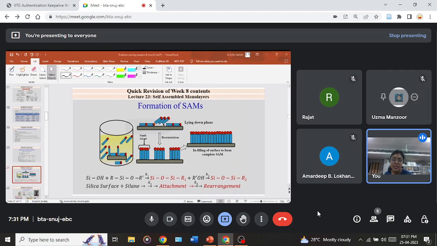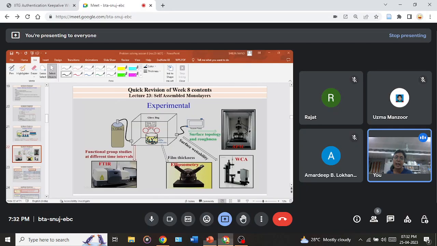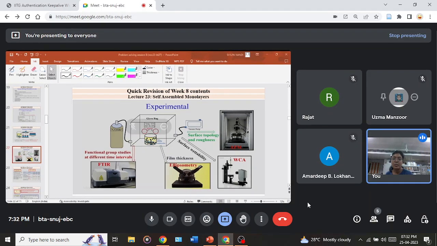So formation of SAMs basically consists of, in this case, silica surface plus silane. First process is your attachment and next is your rearrangement. So the rate constant K1 during the attachment and the K2 during the rearrangement. So this is how you can also determine the kinetics of these formations.